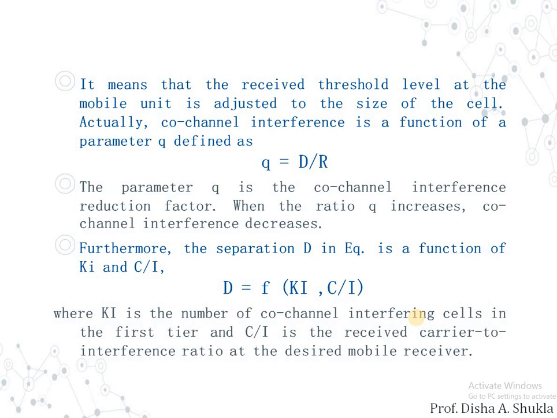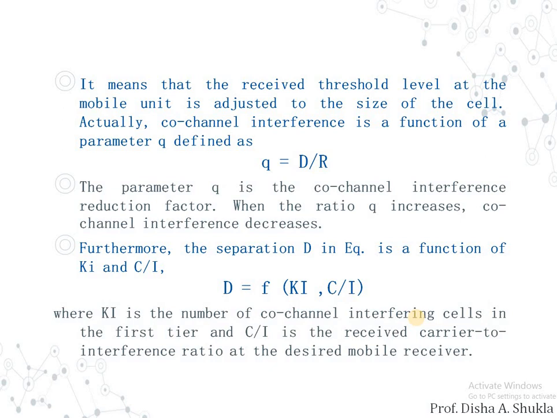Now when the ratio Q increases, the co-channel interference decreases, because Q is the co-channel interference reduction factor.